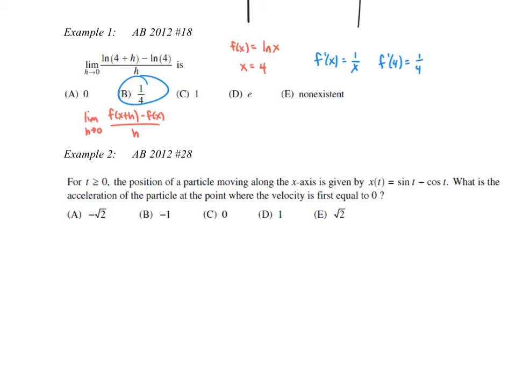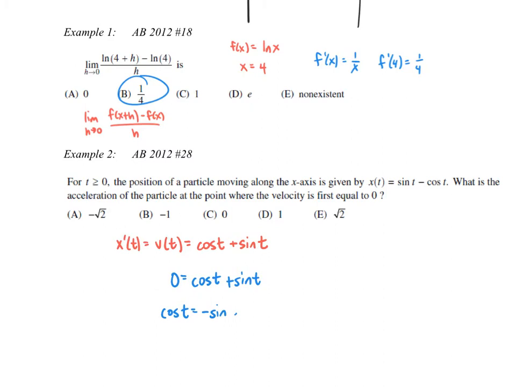So remember, when we take the derivative of position, we get velocity, and that is cosine t plus sine t. And we want to know when the velocity is first equal to 0. So we set velocity equal to 0, which means that what we're looking for is when cosine and sine are opposite signs.